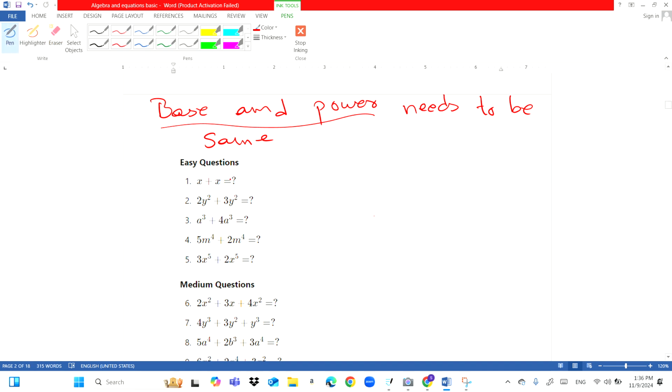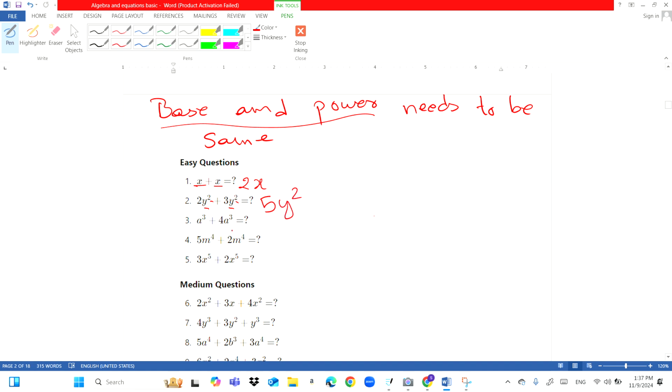In example number 1, the base is x, both of their base is x, and both of their power is also 1, so we can add this. If there is nothing, the coefficient is 1, so 1 plus 1 is 2x. In the next case, the base is same, y, power is also same, 2, so we have 5y square.